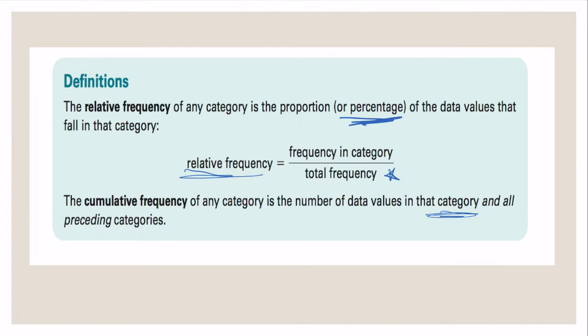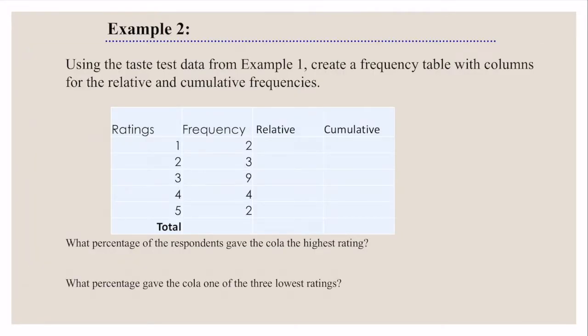Like I said, we've been working with the Rocky Mountain Cola Company, and using the taste test data from example 1, here's our original frequency table. We're going to create a relative and cumulative frequency table for this information as well. To take the relative frequency, I take the frequency at which this category occurred.